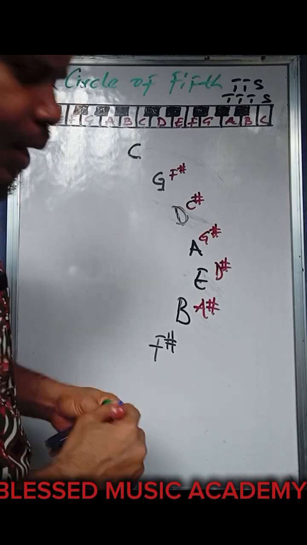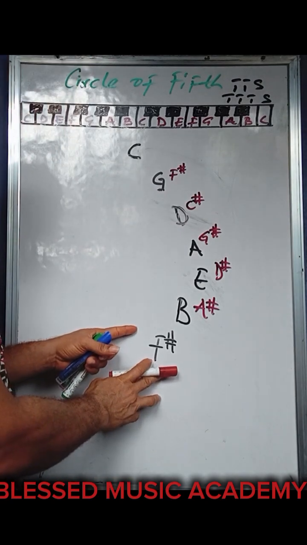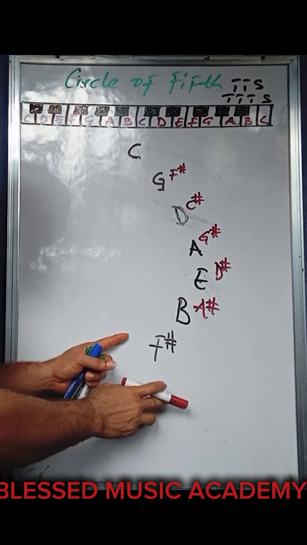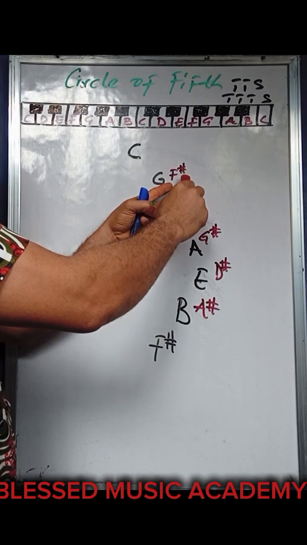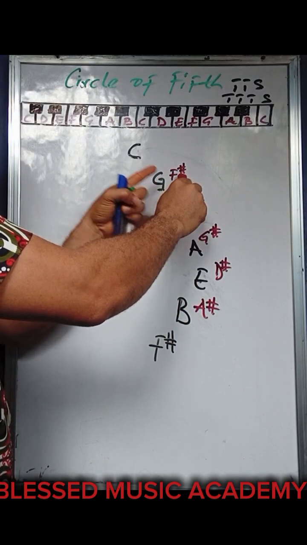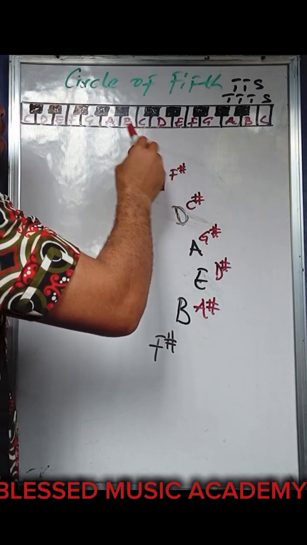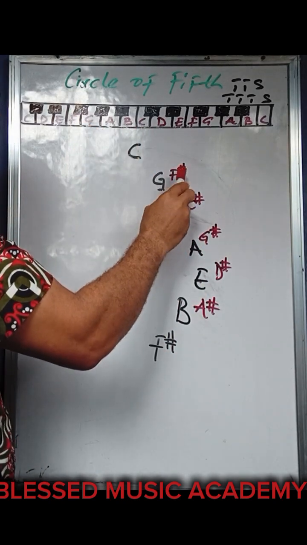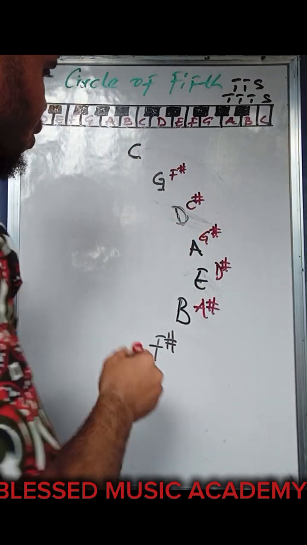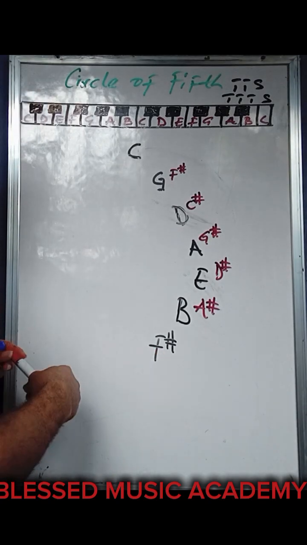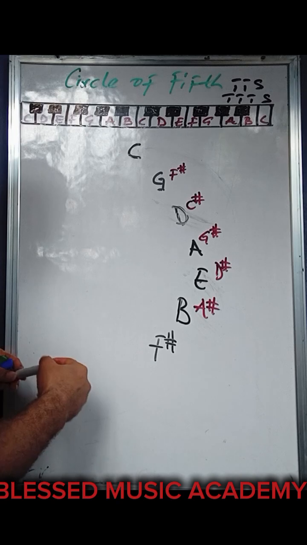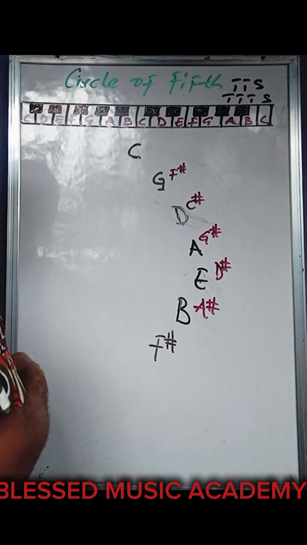It is called F sharp because we would have said F, but we already have a sharp key on G. We have F sharp on G, so there's no way it can be F. Where is the sharp going to be located? Which keys are sharpened in F sharp?